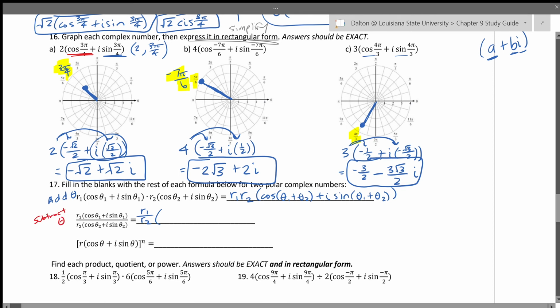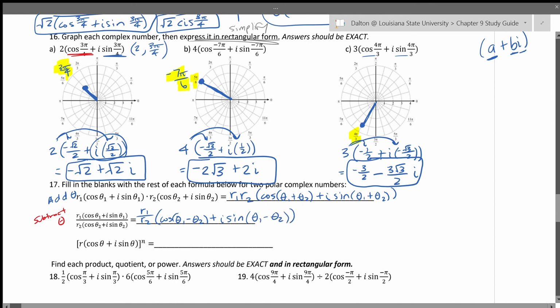Subtract the thetas, which is going to be the cosine of theta 1 minus theta 2 plus, you still add I times the sine of theta 1 minus theta 2. You don't change both signs, you only subtract the thetas.